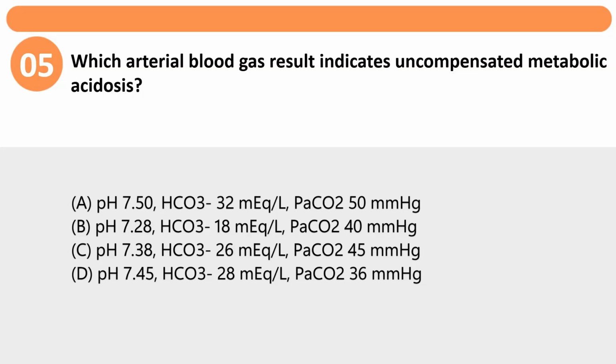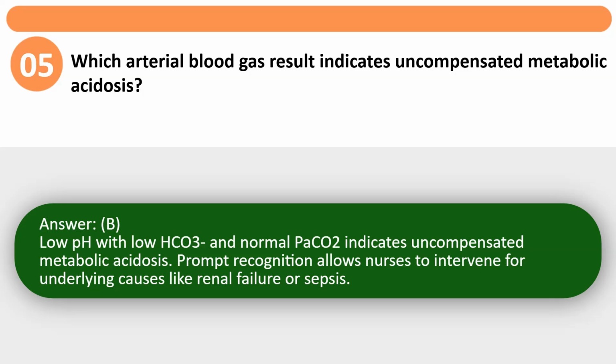D. pH 7.45, HCO3 28 mEq/L, PaCO2 36 mmHg. Answer, B. Low pH with low HCO3 and normal PaCO2 indicates uncompensated metabolic acidosis. Prompt recognition allows nurses to intervene for underlying causes like renal failure or sepsis.